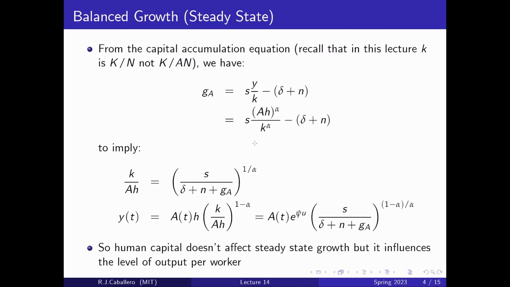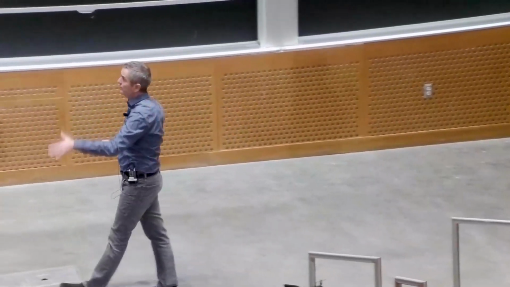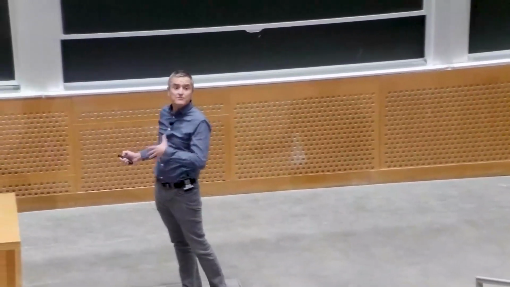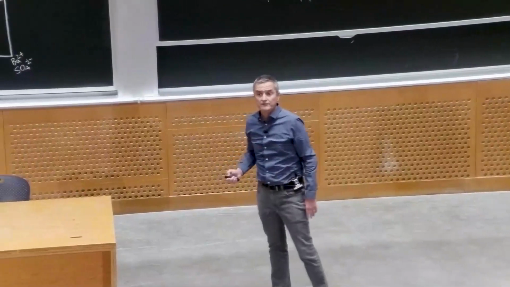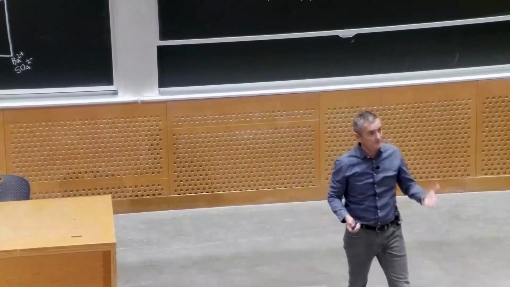Just solve for that. And the point is that now I can write Y_t as A_t times human capital times this expression here. So human capital doesn't affect the steady state growth, but it does affect the income per capita that you have. And it makes a big difference. I'll show you.